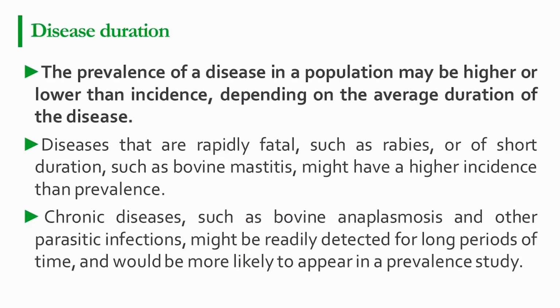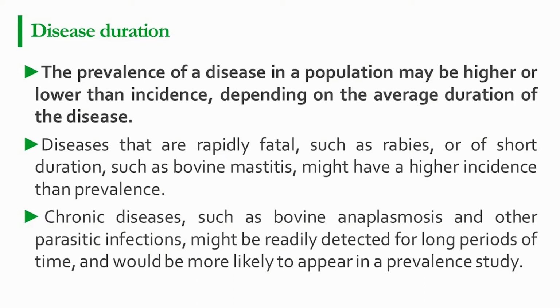And usually diseases which have a short duration and are usually fatal, I mean killing very fast, like rabies, let's say, might have higher incidences than prevalences, because cases do occur, but they don't last long. So if we want to check the prevalence at a point in time, we would find very few cases prevailing at the time we are checking.